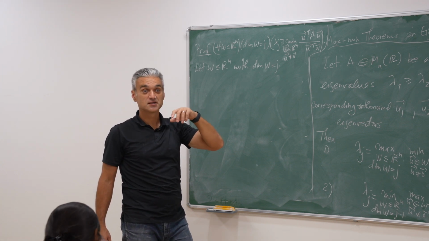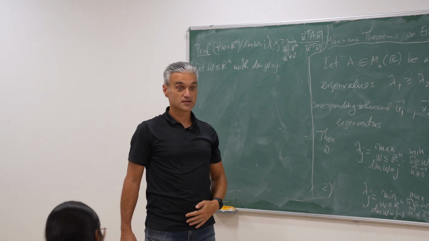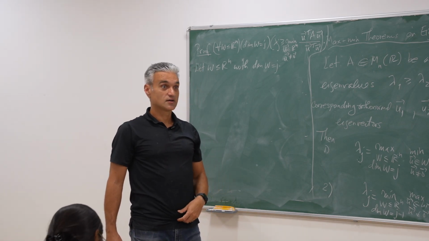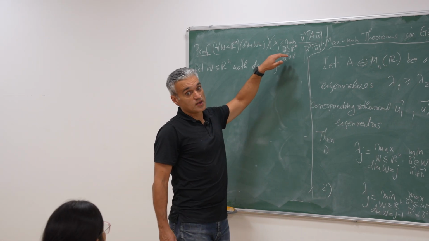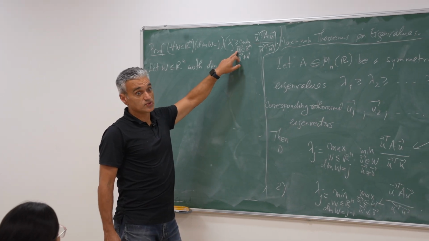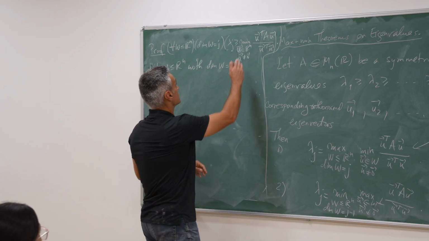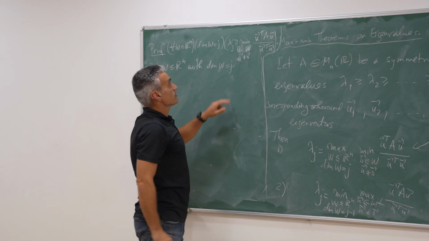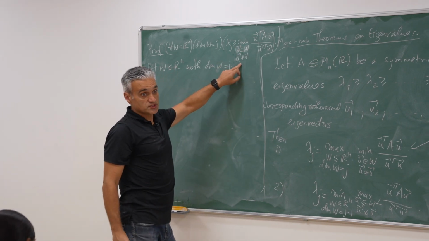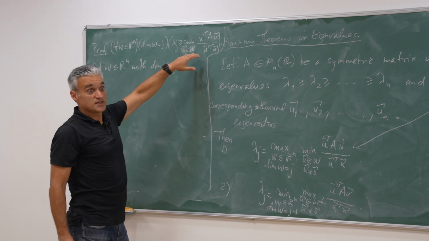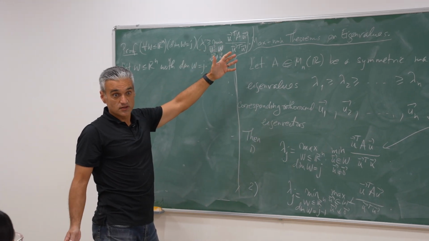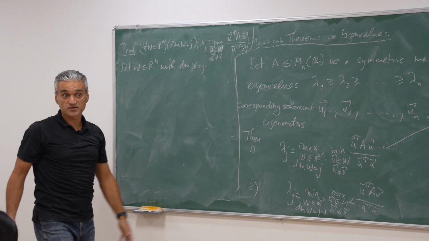It's greater than or equal to any of the u transpose... Not any, it's a minimum. So if I find a vector u in W, which is not zero, such that lambda j beats the Rayleigh quotient of that, I'm done. Okay? So I just had to find a vector.